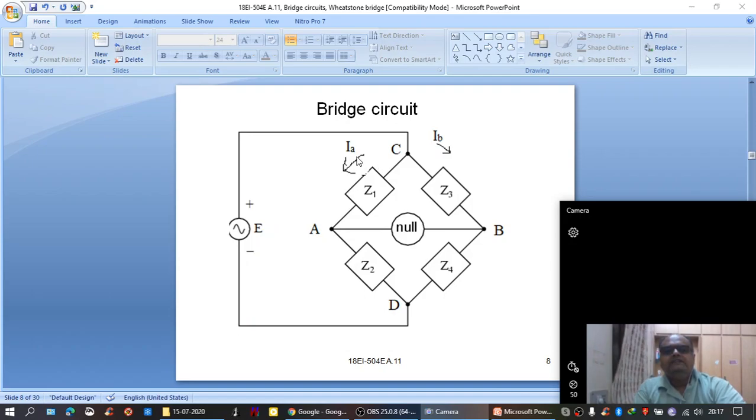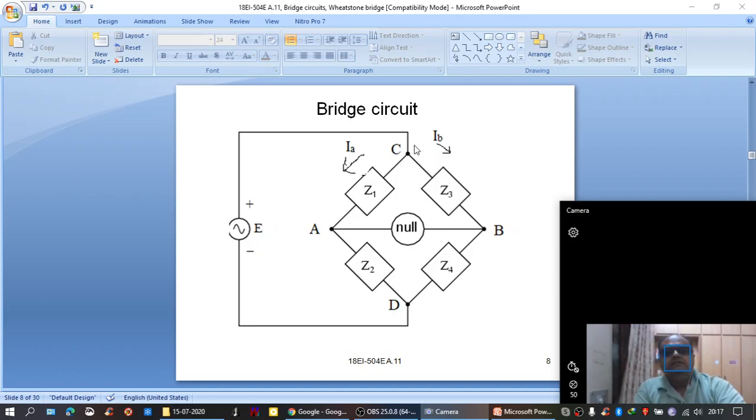So when current IA is flowing through Z1, the same current flows through Z2 also. So what is the voltage at terminal A? The voltage at terminal A is the drop across impedance Z2, that is I into Z2 is VA, right?